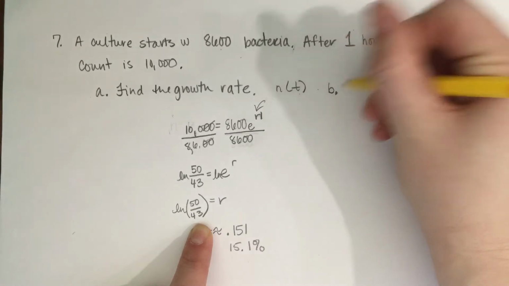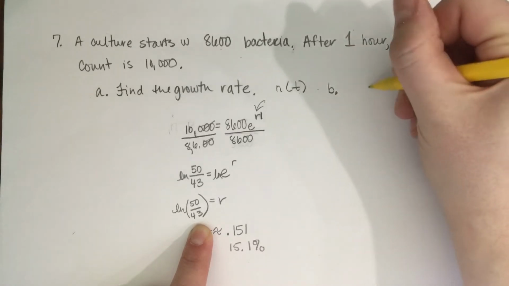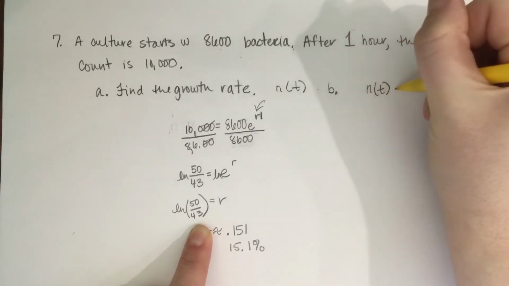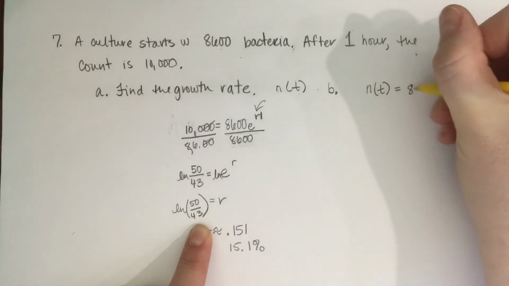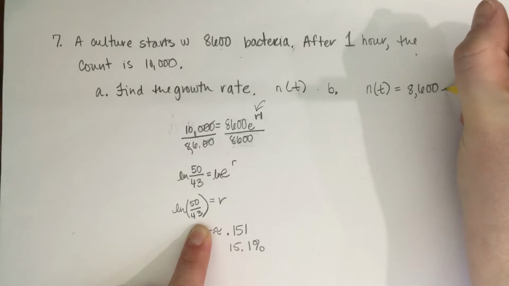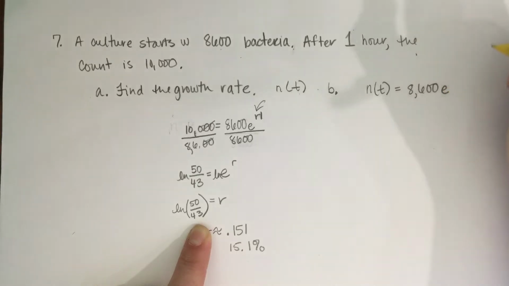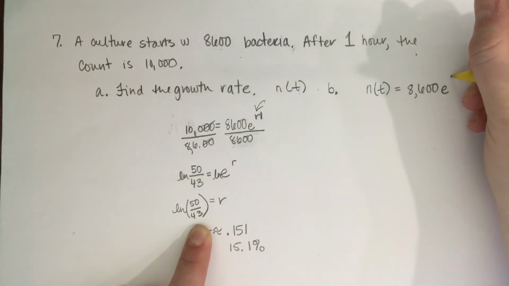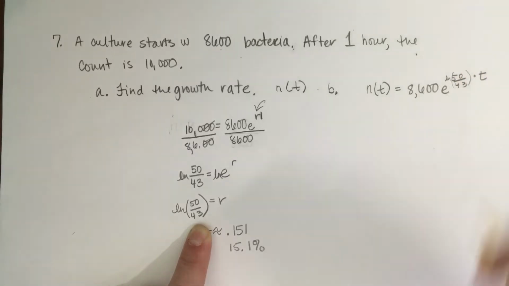So our function would have been N of t equals 8,600 times e raised to the natural log of 50 over 43 times t.